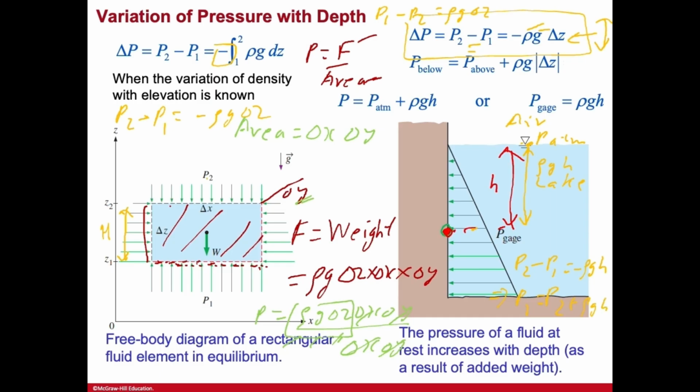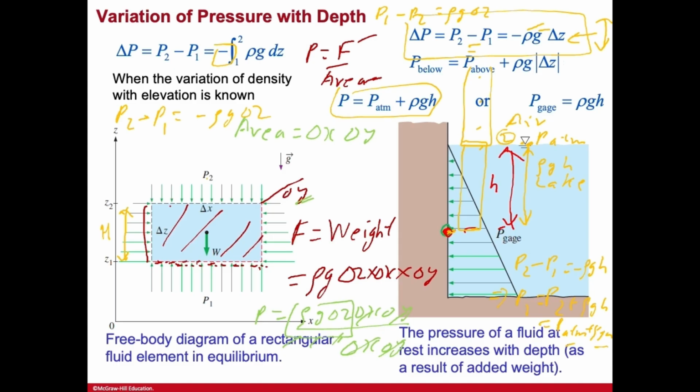But this point 2, which is out here at the free surface, is the atmospheric pressure, and hence you get P atmosphere plus rho gh, right? The other way to look at it is, if you're trying to find the pressure at this point, that is equal to the liquid column because of the water plus the column because of all the atmosphere above it, right? These two fluids combined provide the pressure here.